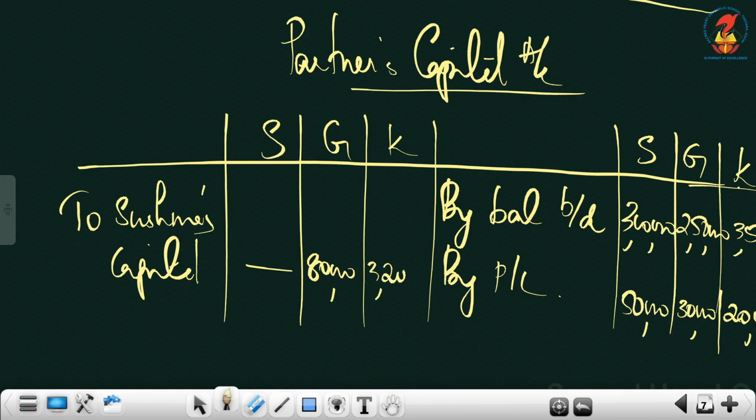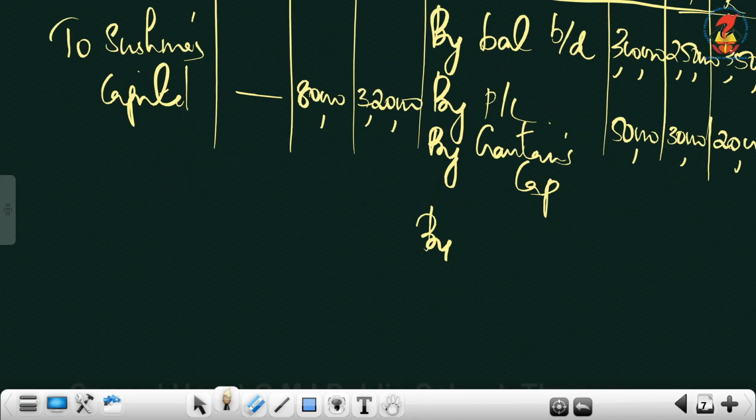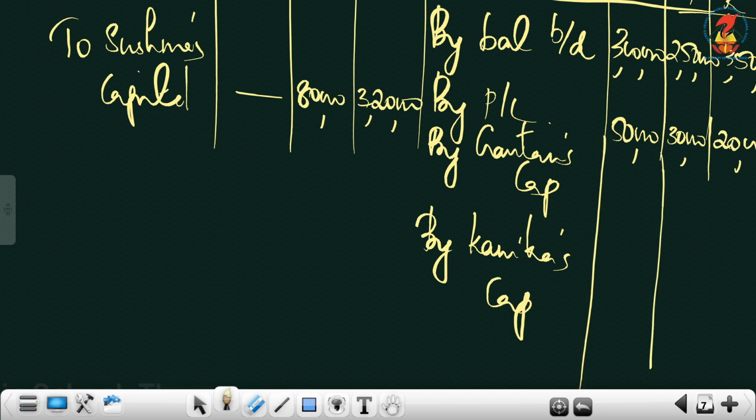Similarly, we have to write on the credit side by Gautam's capital and by, is the name Gautam? Yes. By Kanika's capital. In Sushma's column you have to write 80,000 and 3,20,000. So that is also over.